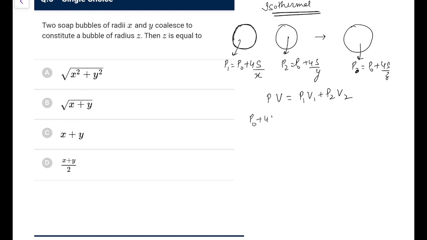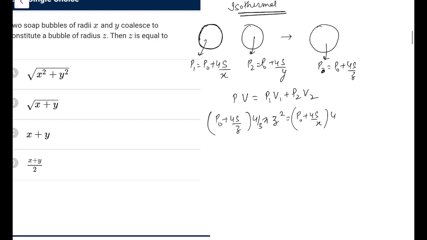So what you have is P0 plus 4s by z into V, which is 4 by 3 pi z cube, and P1, which is P0 plus 4s by x, into 4 by 3 pi x cube, plus P0 plus 4s by y into 4 by 3 pi y cube. I can take 4 by 3 pi out, it will look better.